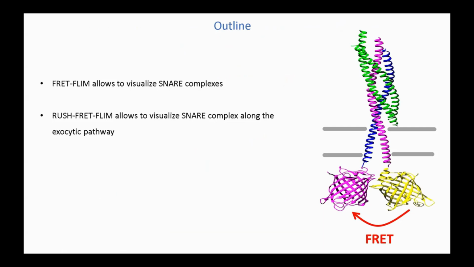Okay, that is what I wanted to show you. I hope I convinced you that FLIM allows you to visualize SNARE complexes in cells, and that you can even combine this with the RUSH system to visualize SNARE complexes along the exocytic pathway.